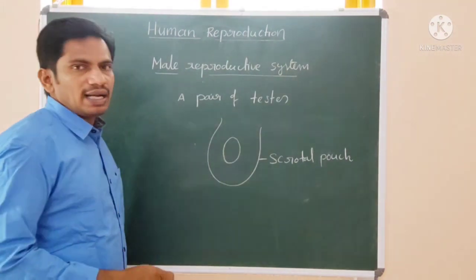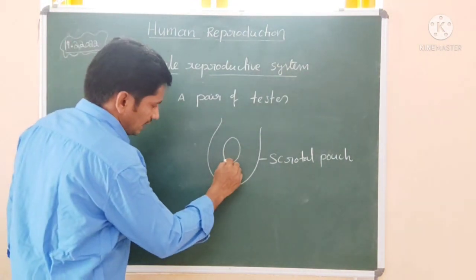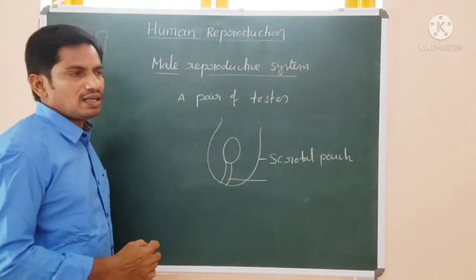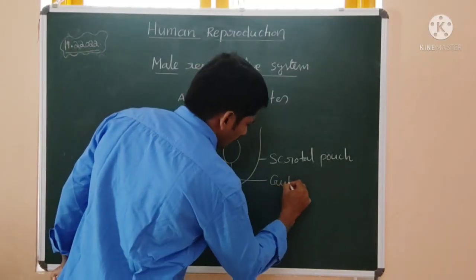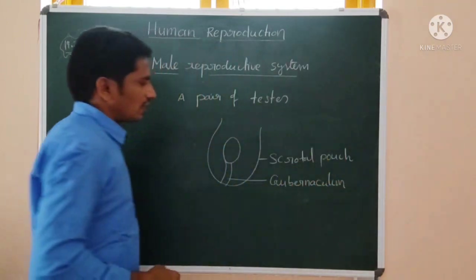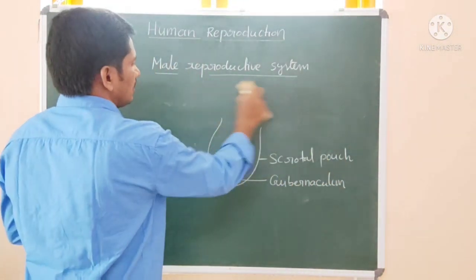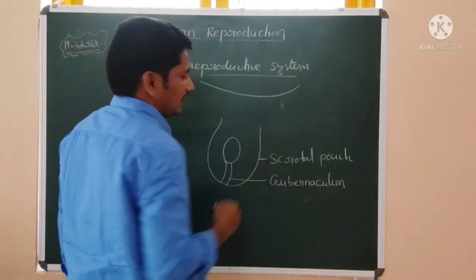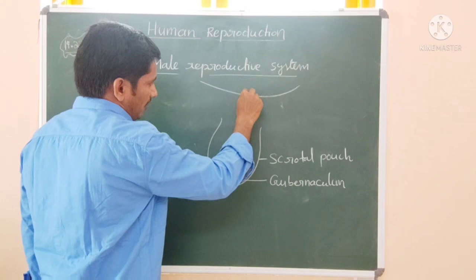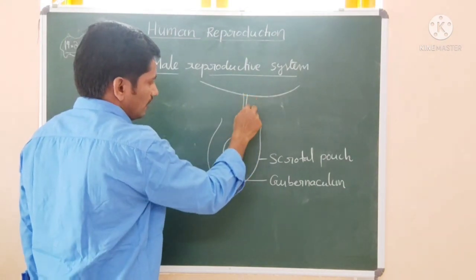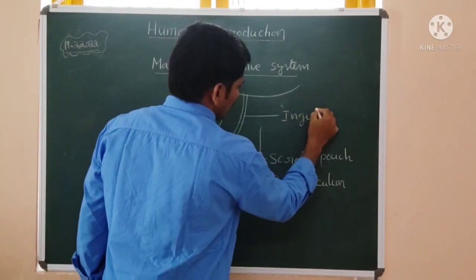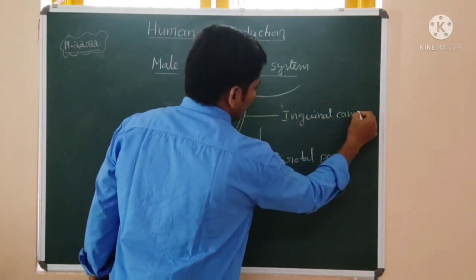See, these testes are held in position by a tissue called the gubernaculum. And moreover, here above is the abdomen. The two testes are connected with the abdomen by one canal called the inguinal canal.